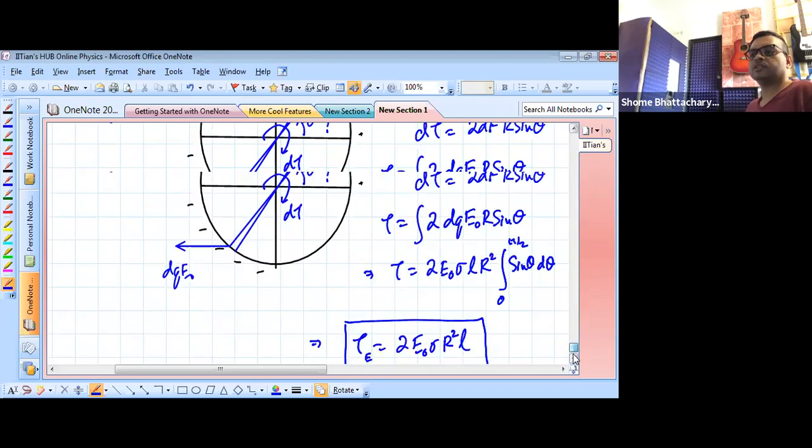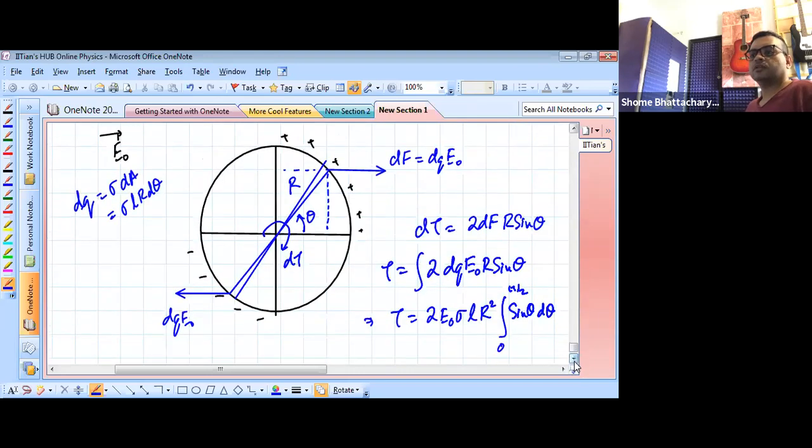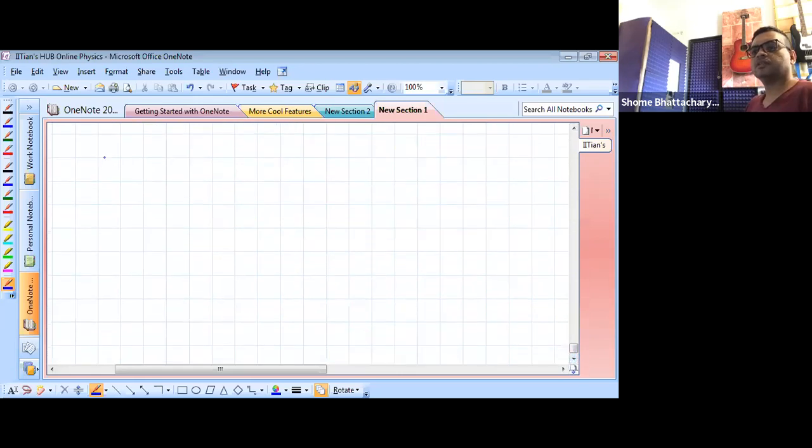Now another way to calculate this is, another method, center of charge method, of doing the calculation for torque.